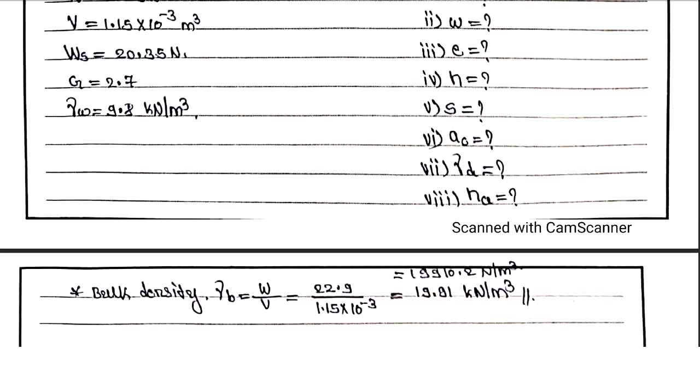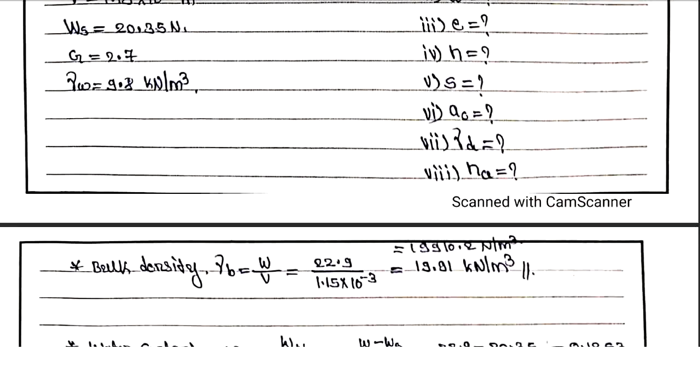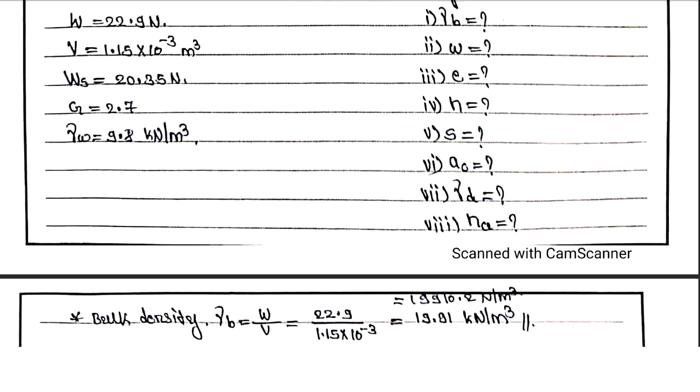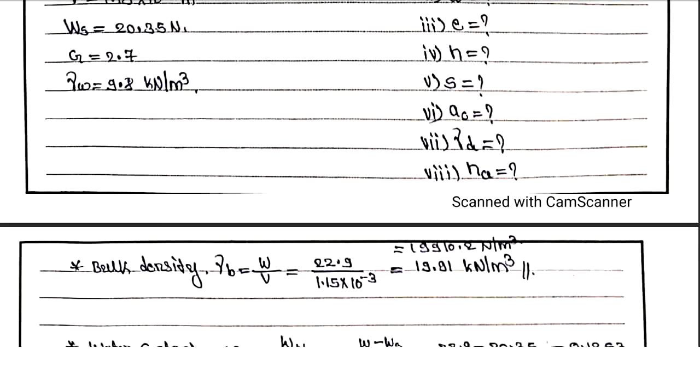If I want to find bulk density, I need to substitute the regular weight. I should not substitute the weight of soil solids, the completely oven-dry weight. Oven dry means all the water has escaped, and only the weight of soil solids comes into the picture.